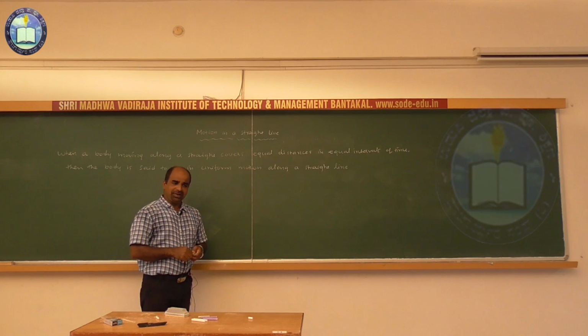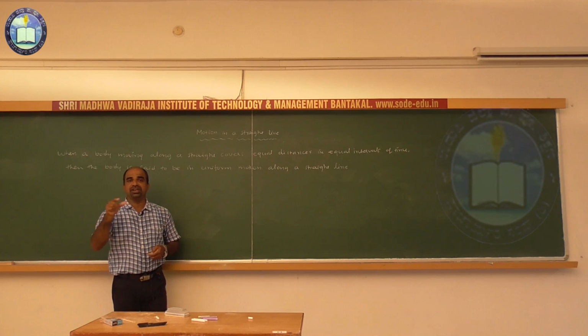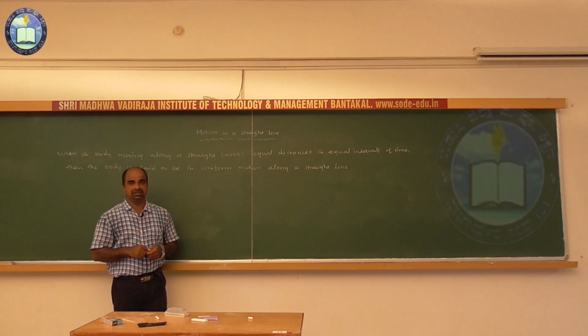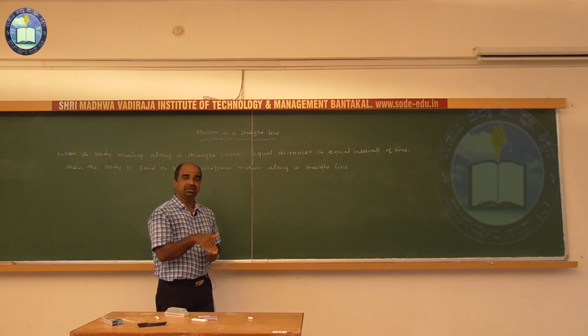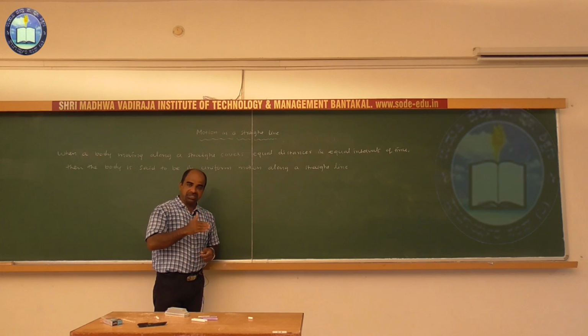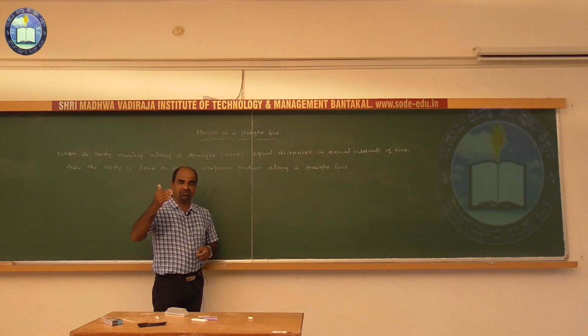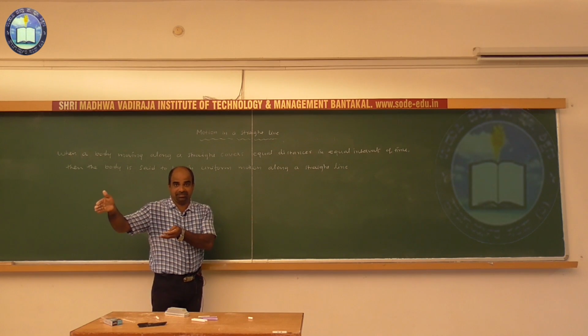See, when the speed of the body is non-uniform, if a body covers unequal distances in equal intervals of time, or equal distances in unequal intervals of time, got it?